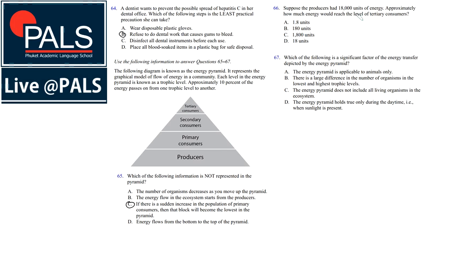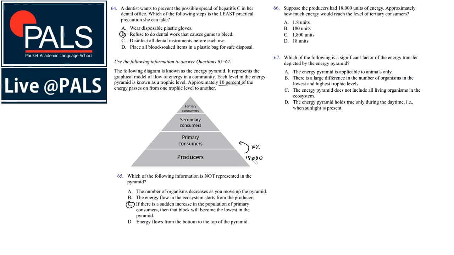Suppose that the producers had 18,000 units of energy. Approximately how much energy would reach the level of the tertiary consumer? Again, we always have a 10% transfer of energy. Approximately 10% of the energy passes from one trophic level to another. So that means we can do this step by step.